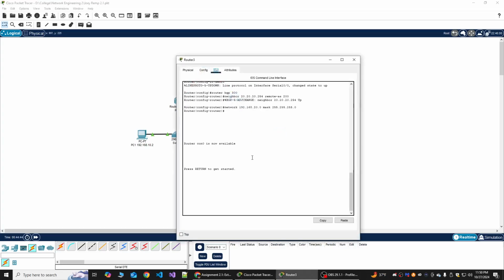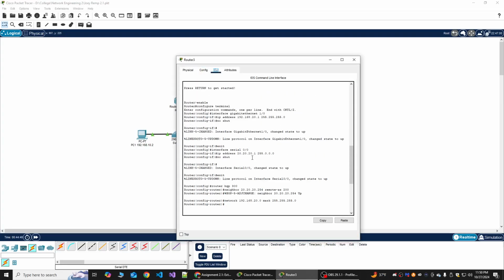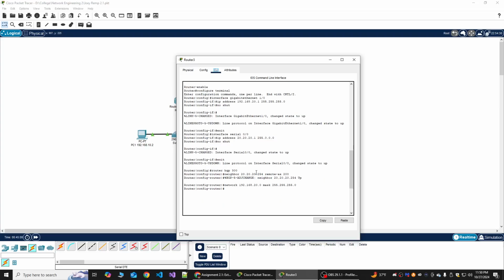Just to break down some of the code we did in here. We set up the different IPs for the ports that they're plugged into, and then we also set up the BGP, or Border Gateway Protocol, and we'll go over what that is in a second.